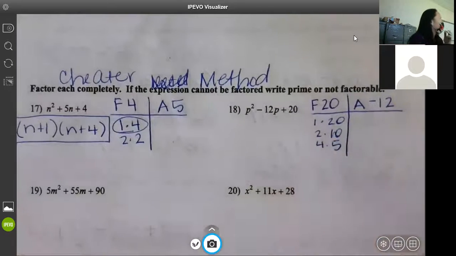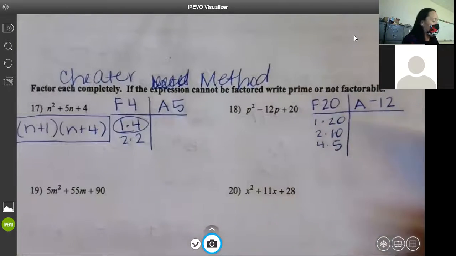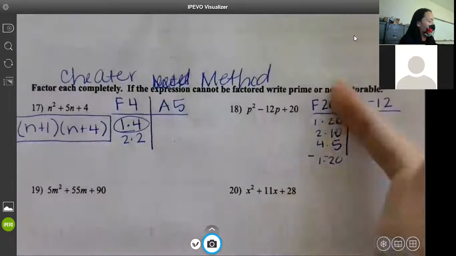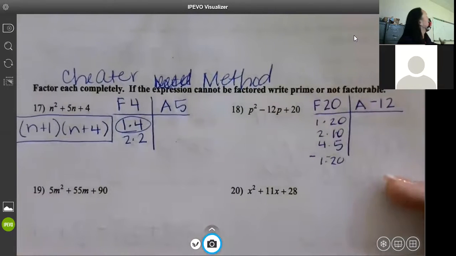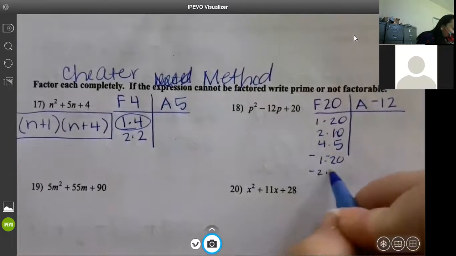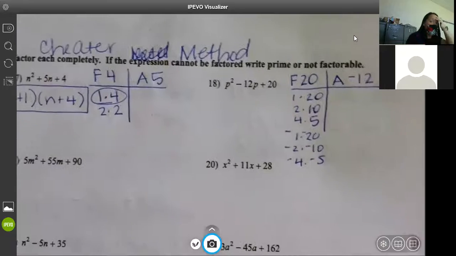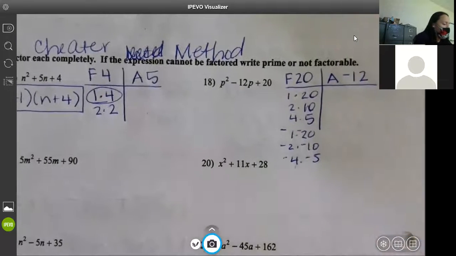We're going to have to be able to subtract them, okay, or add them up. So negative 1 and negative 20 would give me a positive 20, but add to negative 21. So I need to be able to get a negative. So negative 2 and negative 10, or negative 4 and negative 5. Which factors that give me a positive 20 add to negative 12?